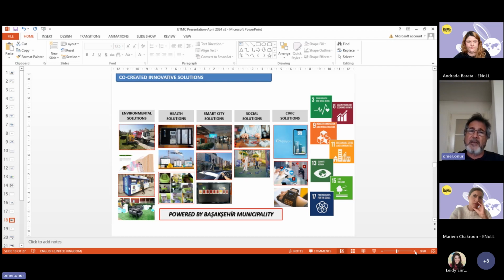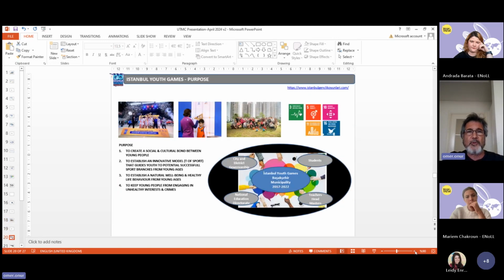The pictures which I have put here are actual solutions which have been implemented in the city. These are facilitated by our Living Lab through co-creation by involving all the users and the stakeholders of these solutions. I won't go into all of these, but I will give some examples.